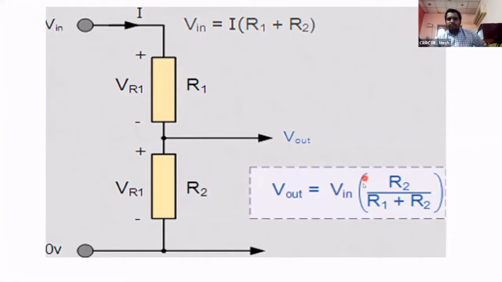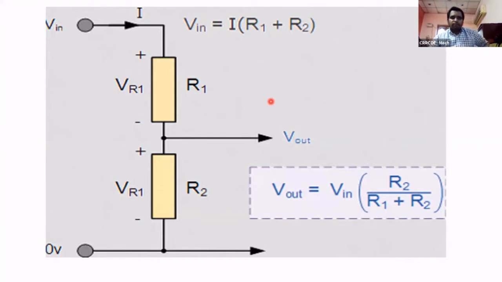This is called the voltage division rule. You can find the voltage between the two resistances by using this formula. We are applying this formula in many electronic devices. This is useful while explaining the operational amplifier. That's why I'm showing this slide.